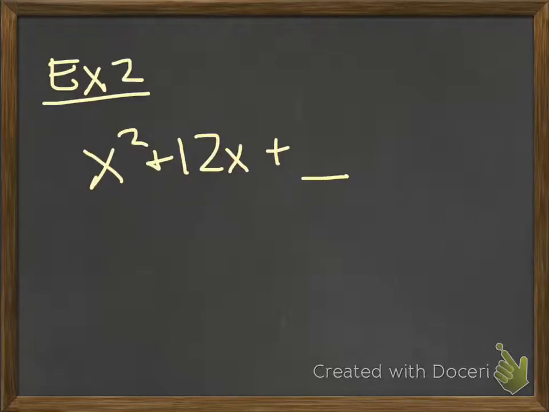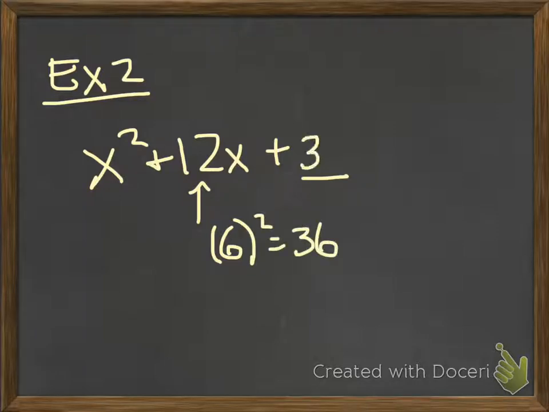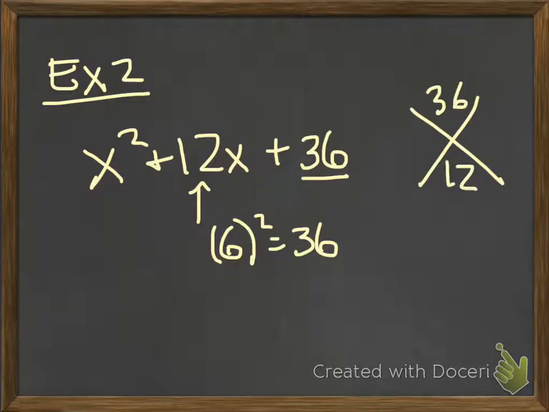Okay, so in example 2, x squared plus 12x plus blank. You're going to take half of 12, which is positive 6, and then you're going to square it, which gives you 36. Now x squared plus 12x plus 36 is a perfect square, and I know that because if I factor it, 36, 12 on the bottom, I get 6 times 6 is 36 and adds up to 12.